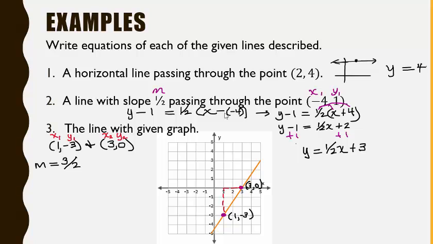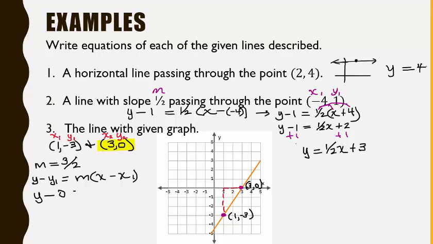I will then use point-slope form. Again, y minus y1 equals m times the quantity x minus x1, which is really just a modified version of the slope formula. Select either point, so I'll choose the second one, and substitute the x and y into this equation.